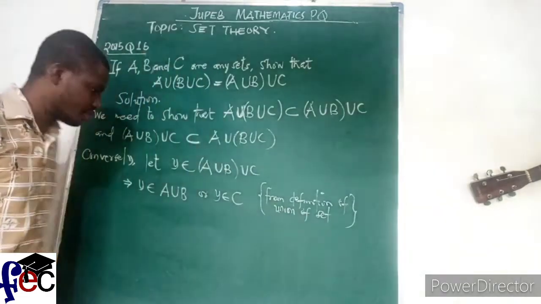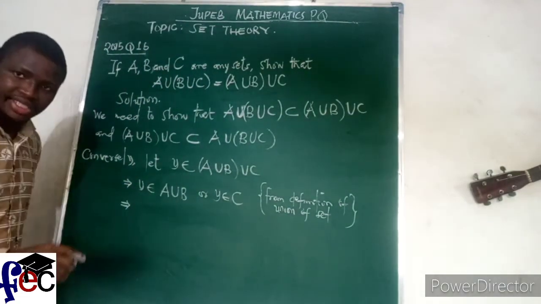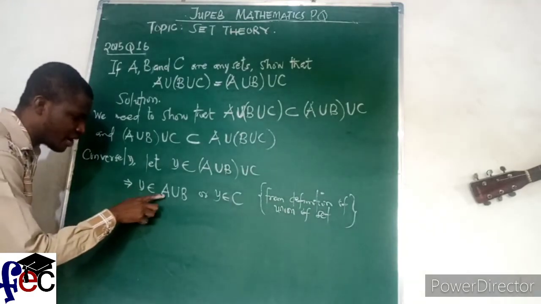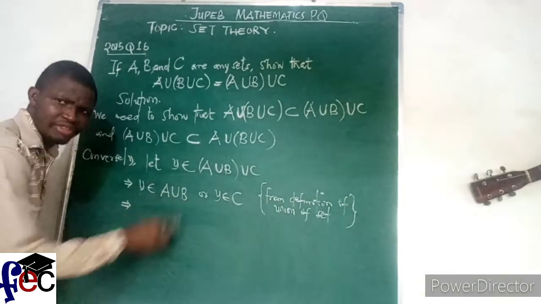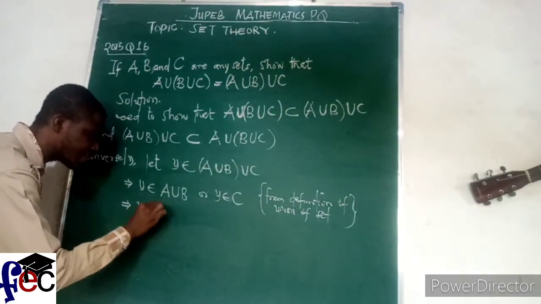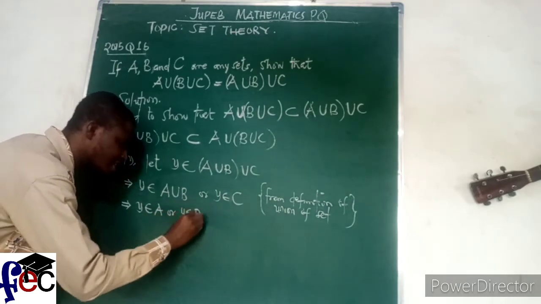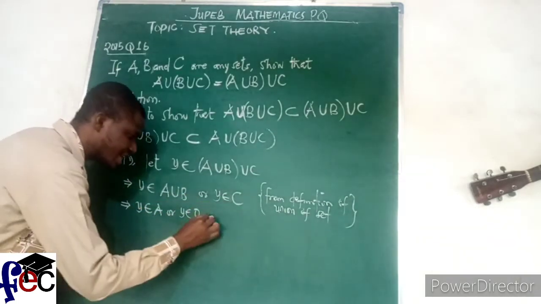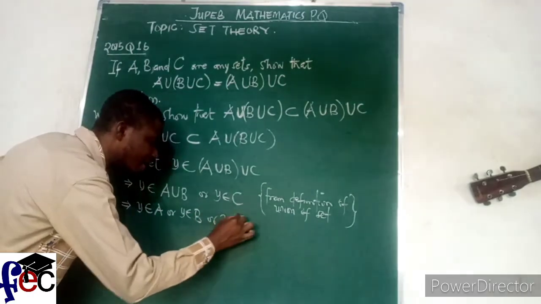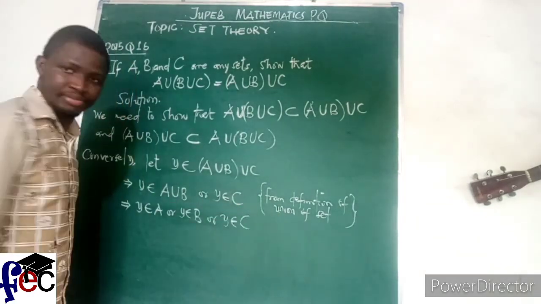Do you get that now? So if that is the case, I can still see that Y is a member of this union this. From the definition, it means that Y is going to be a member of set A, or Y is a member of set B, or Y is a member of set C. Same reason.